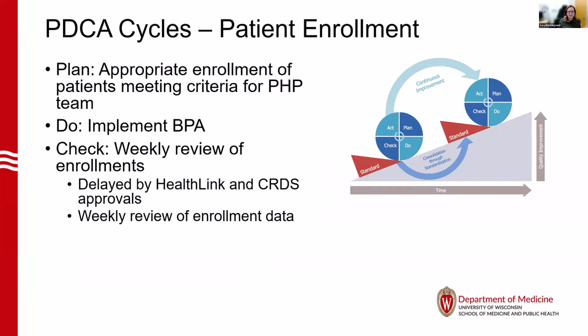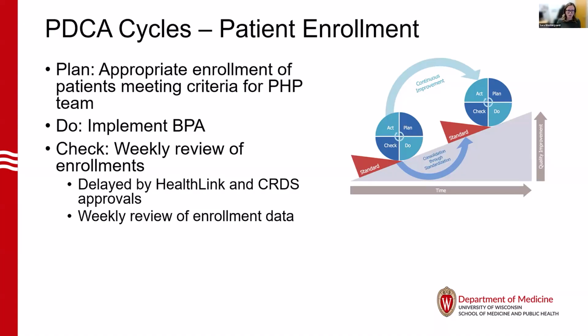I had planned to have reports to see who was eligible, who was getting enrolled, et cetera. Unfortunately, my ability to access those reports was delayed again by some approval channels with HealthLink on the health system side, and then CURDS through some of the data that my data analyst was getting for me.